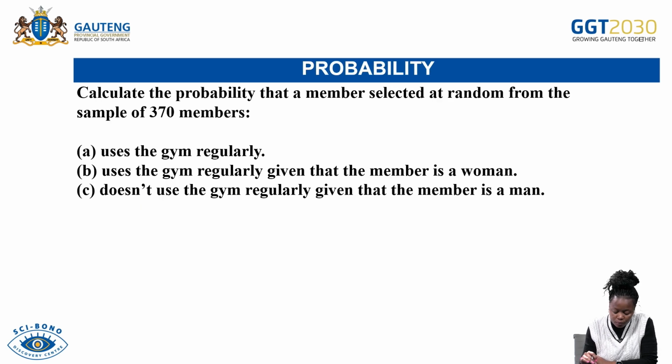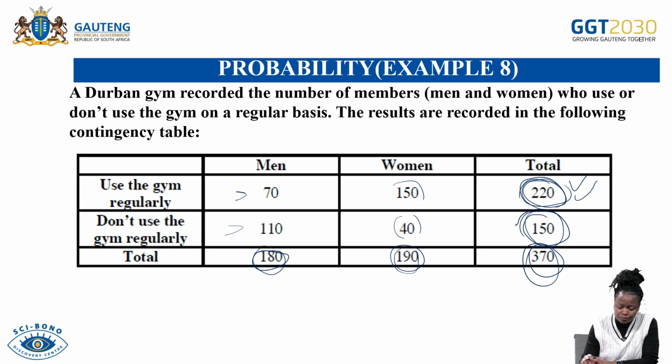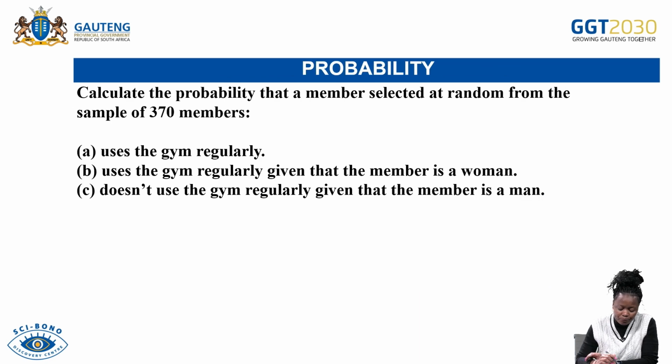Okay, so calculate the probability that a member selected at random from the sample of 370 members uses the gym regularly. So they're saying a member selected at random from the sample of 370 members uses the gym regularly.